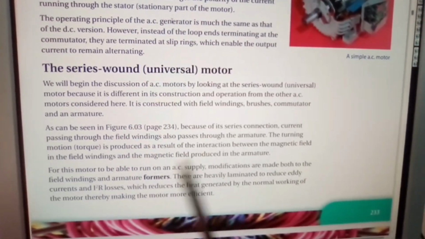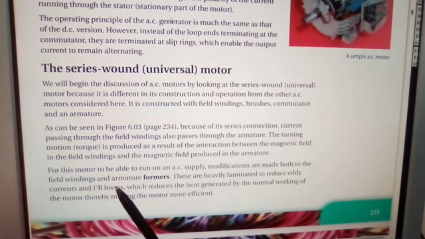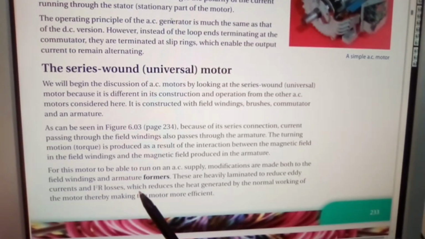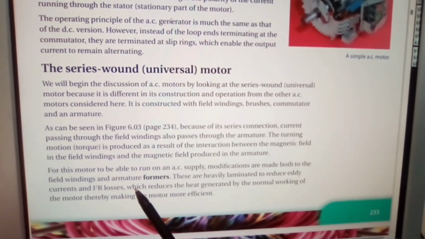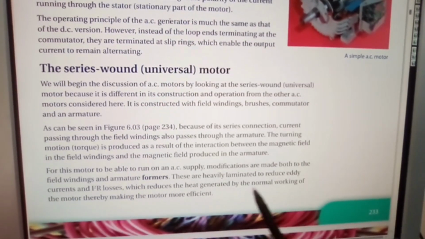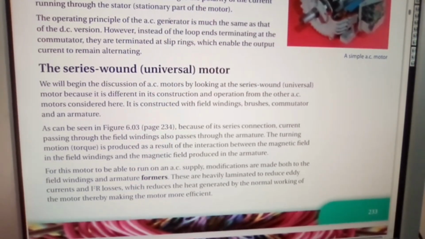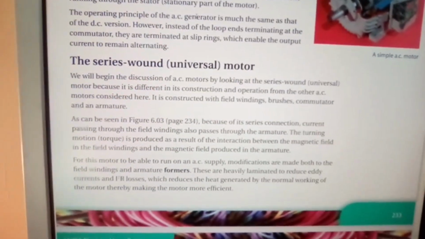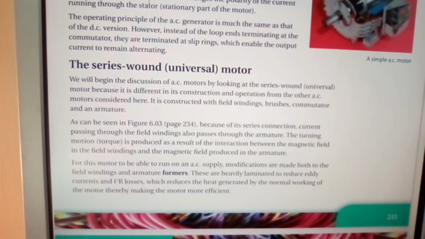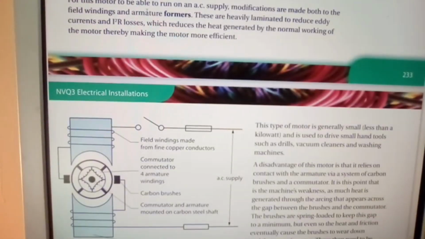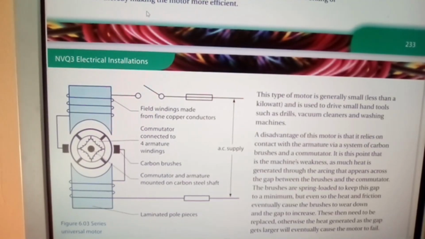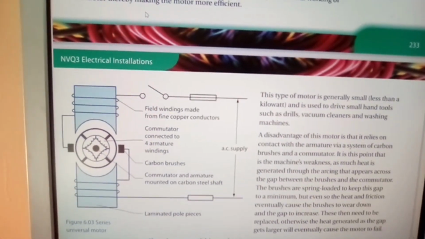But the laminations help you to reduce that, thereby keeping the motor a lot cooler, meaning the motor doesn't burn out as quickly, or if ever, which reduces the heat generated by the normal working of the motor, thereby making the motor more efficient. And here's what we're talking about.